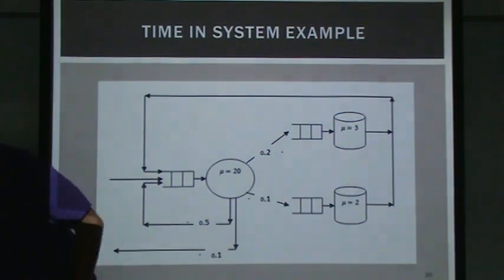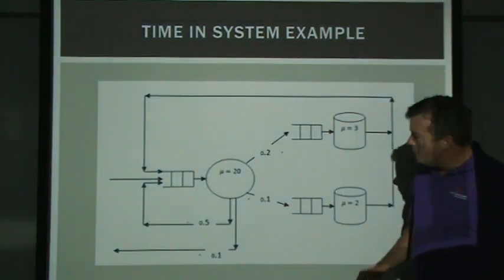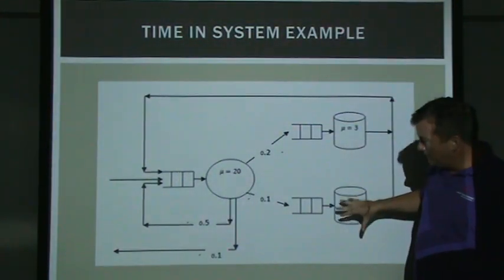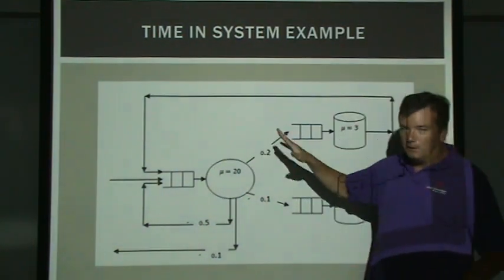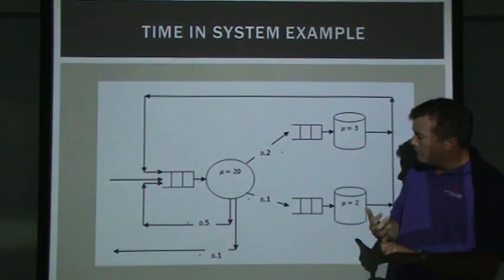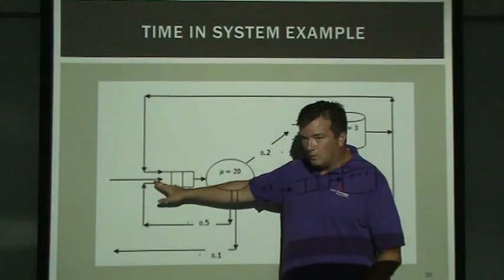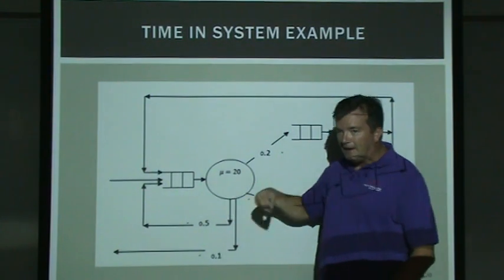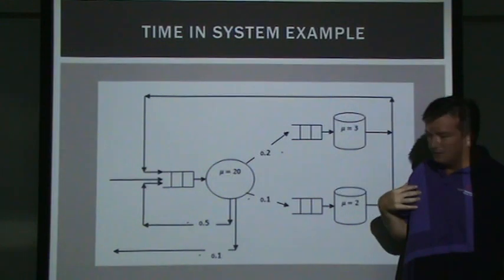Where we left off last class was we were able to calculate how many times we visited each queue, but when we got there, how much time did we spend there? We didn't know that. What do we have to know to figure out how much time we will spend at a queue? We'd have to know how many processes are in front of us, how long each one of those takes to finish, and then how long it will take for us to finish.